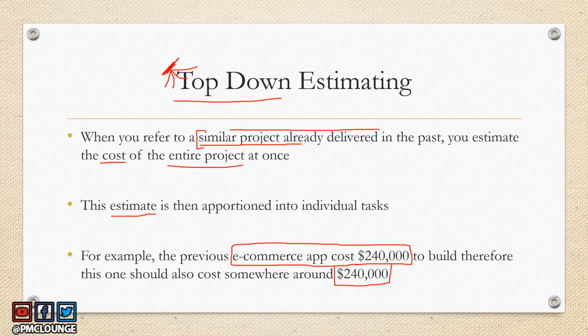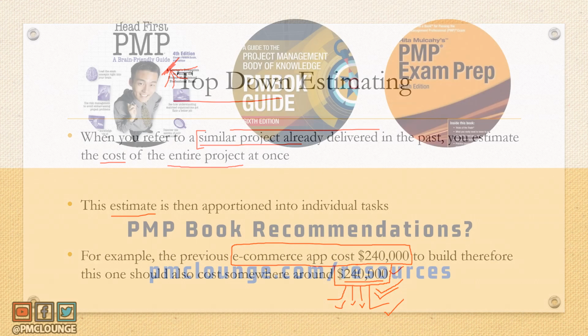So you already have an entire project's cost at hand, and then you are going to divide this into individual tasks of the project. Let's say designing, let's say coding, let's say testing, right? Deployment. So you are dividing this cost into individual tasks, and that is why you have a value at the top and then you're dividing it among the tasks that lie at the bottom, right? So that is why it is known as top down.